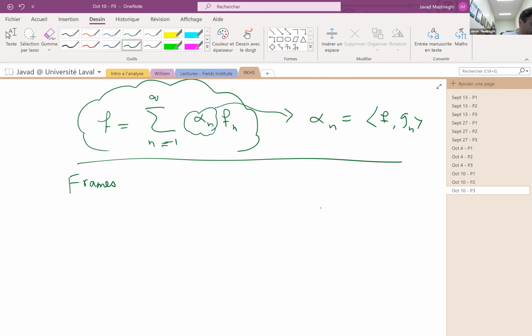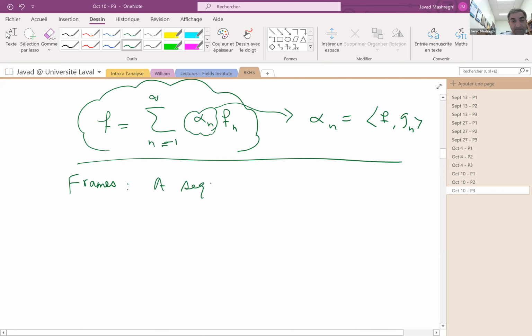The second way to define a frame is via this definition, which is not really similar to what I gave above in operator theory, but at the end of the day, it's equivalent. It's not something different. Definition.